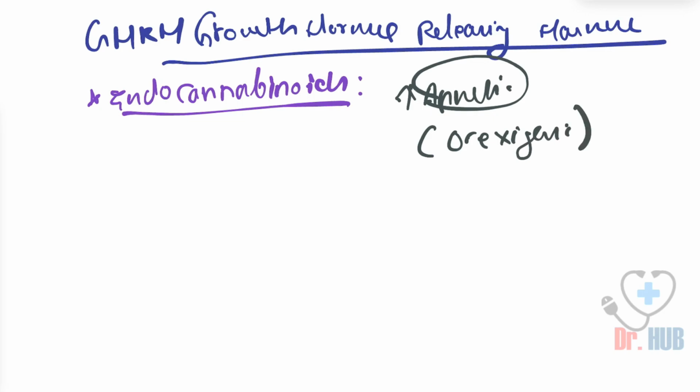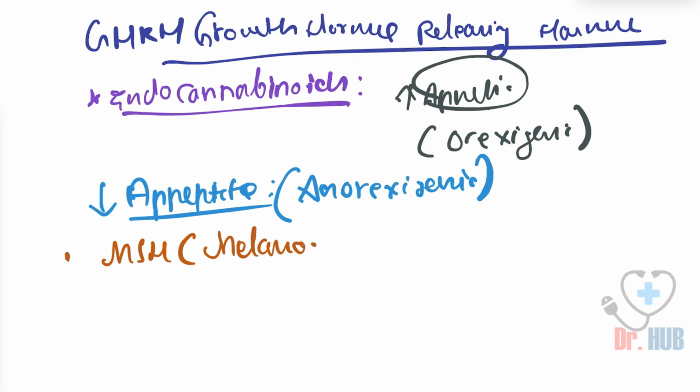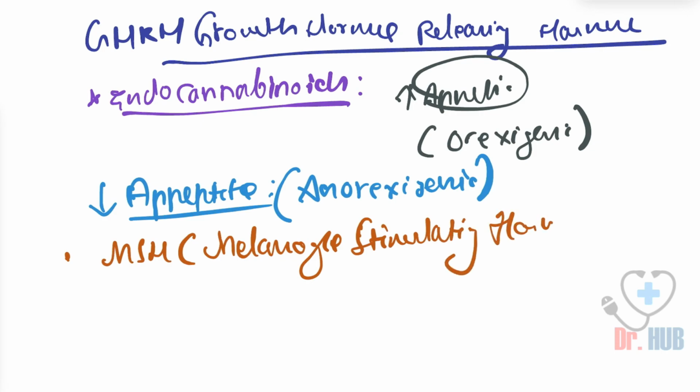So now we are going to look at what is associated with the decreased appetite. Decreased appetite is nothing but the anorexigenic. So here there is the MSH, that is the melanocyte stimulating hormone.